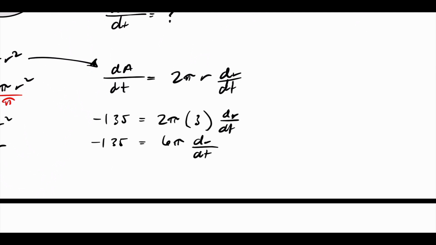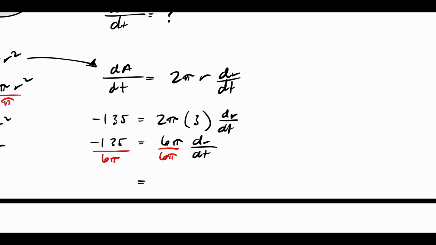Divide by 6 pi. When you divide, don't divide on your calculator because this isn't our final answer. We're just using this because we need dr dt. So dr dt is going to be -135 over 6 pi.